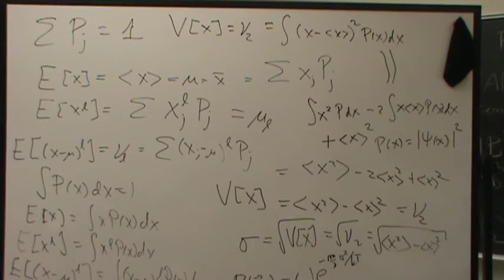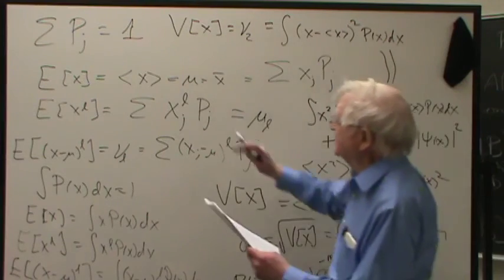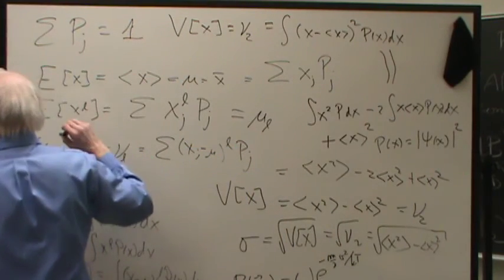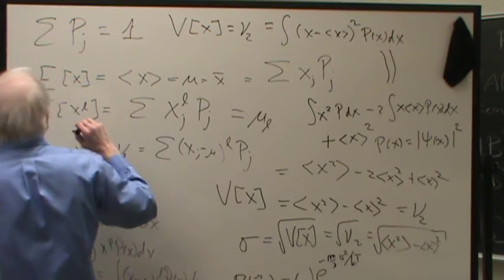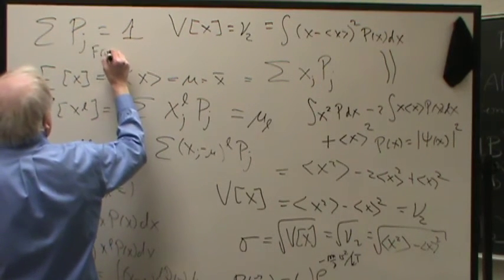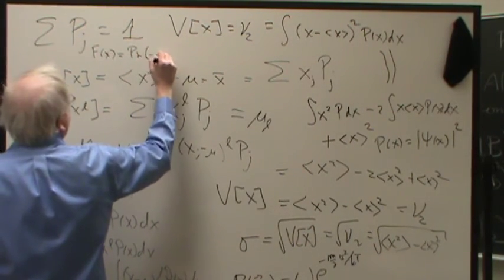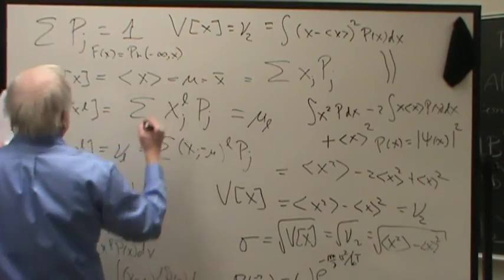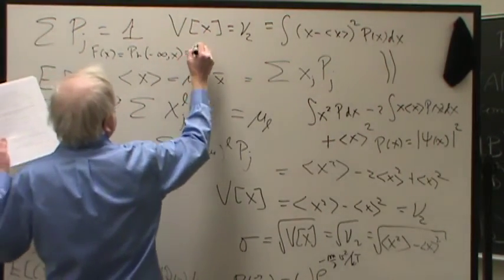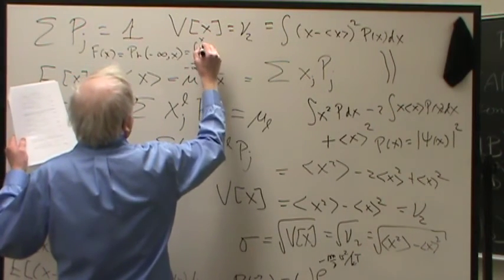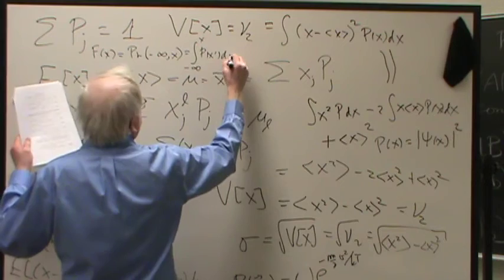What mathematicians often do, and I need to warn you about this, is talk about a cumulative probability distribution, which they'll often write as capital F of X. This is the probability of an outcome between minus infinity and X, which we might write as the integral from minus infinity up to X of P of X prime dx prime.